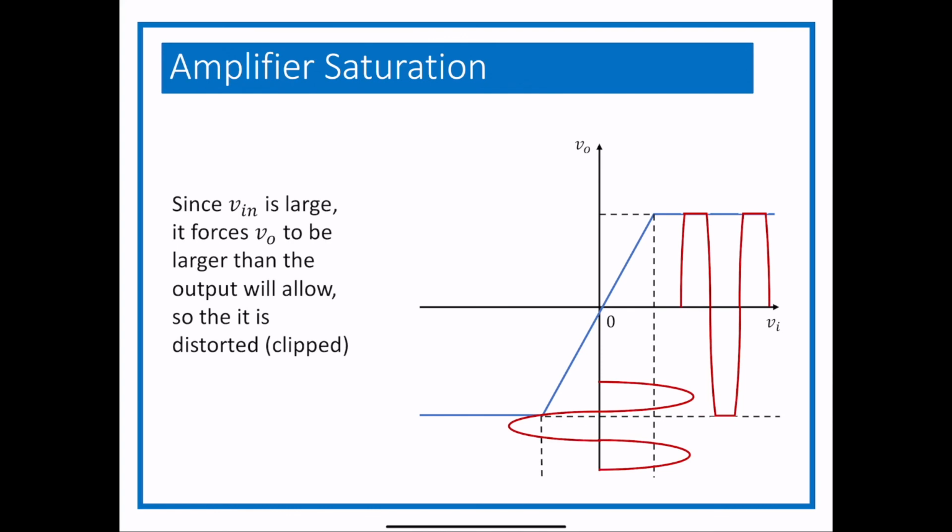So that's one of the limitations that amplifiers will have. You will see many, many more ways that amplifiers work. These are the very, very basics that hold for all amplifiers. Then when we look at different types of amplifiers, you'll see that they have different characteristics. But in general, this is how they work.